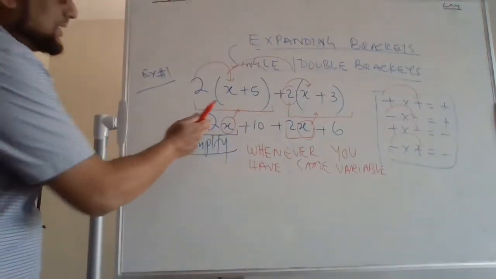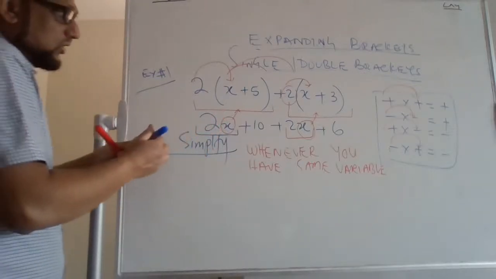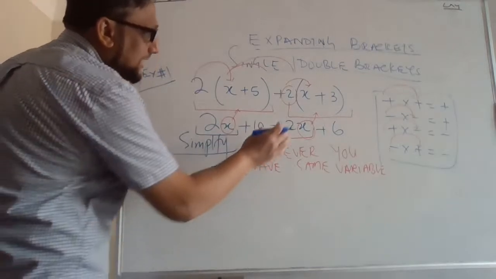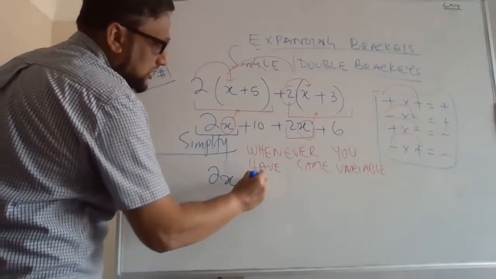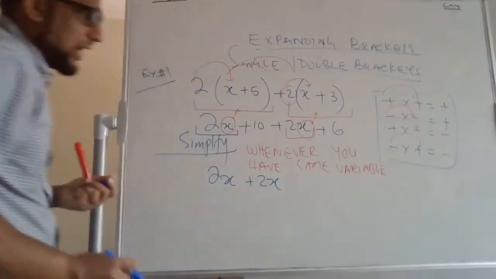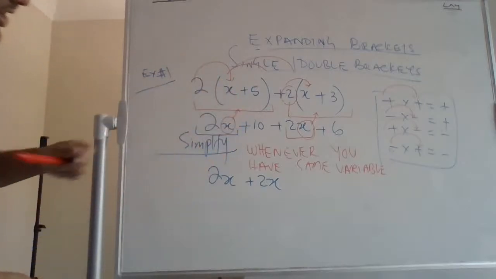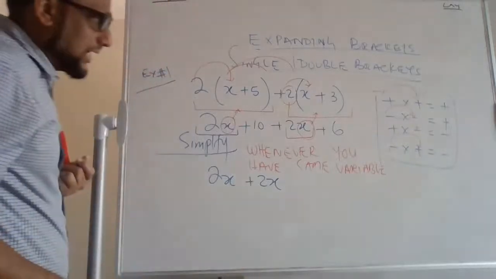So this is 2x, and I'm going to separate. I can write 2x here, and this one is also plus 2x. I'm just making a group, with all the variables on one side and the numbers on the other side.